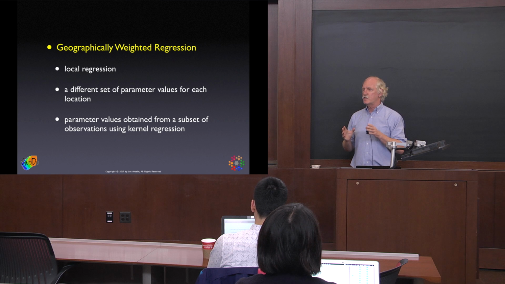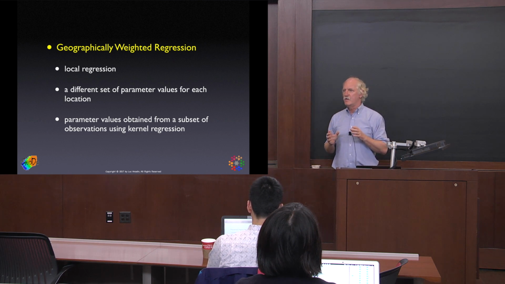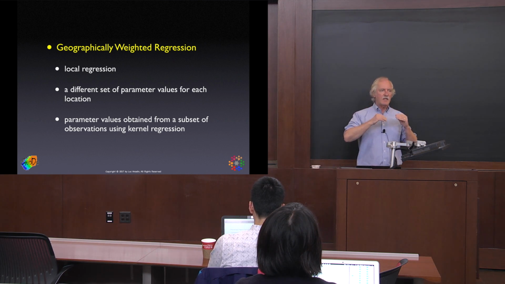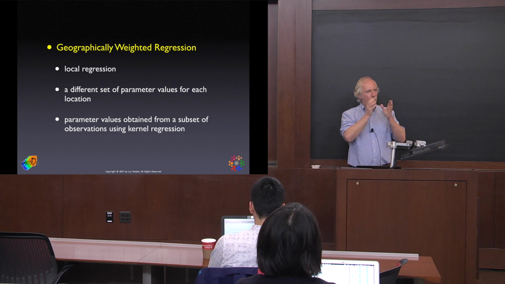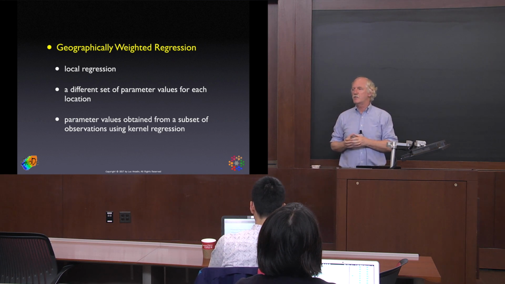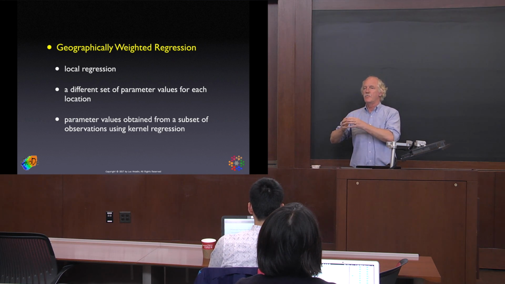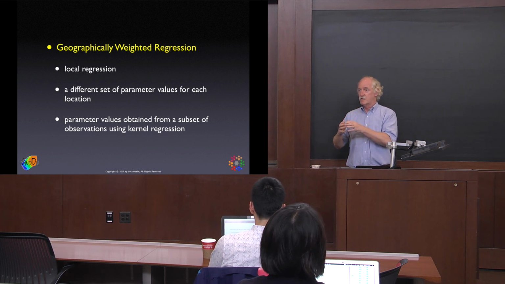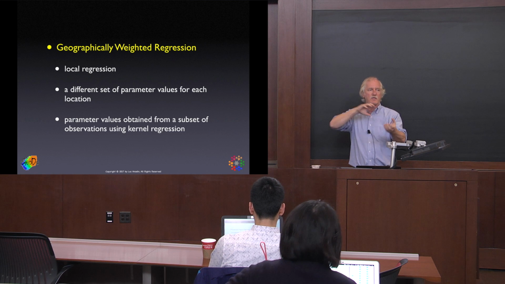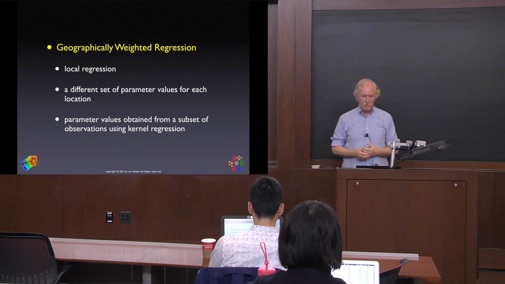Geographically weighted regression is about geographical space. Whereas classic local regression exploits local subsets in the attribute dimensions, geographically weighted regression exploits local subsets of the attributes but in geographic space. You can think of it almost like a dual perspective.